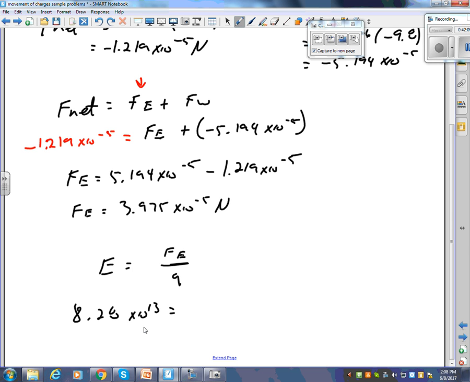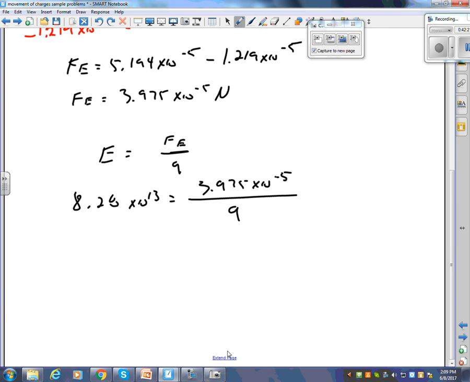Okay, so we put our FE, 3.975 times 10 to the minus 5. Solve for Q. Again, you have to know how to do this. Cross them over.